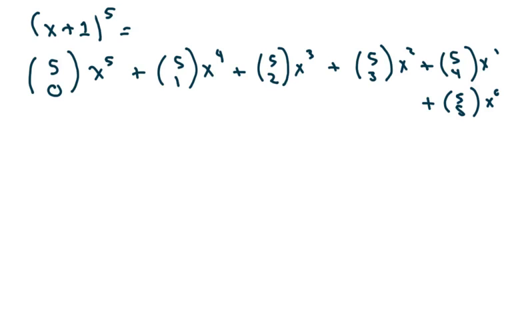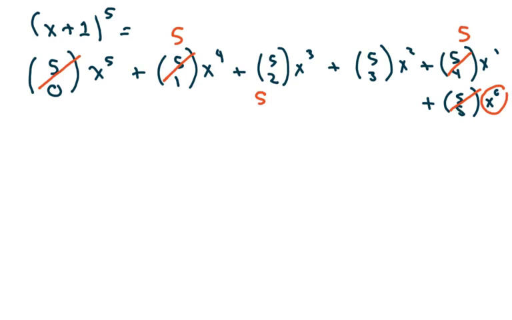Now, what we need to know on these, if you watched my other videos, is that this equals 1 and this equals 1. Also, anything to the 0 equals 1. We also should know that this one equals 5, because that's 5 choose 1, and that equals your n. So this is 5, and also this one's 5. Okay, these two are the same.